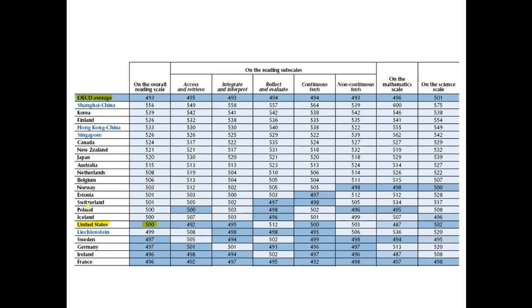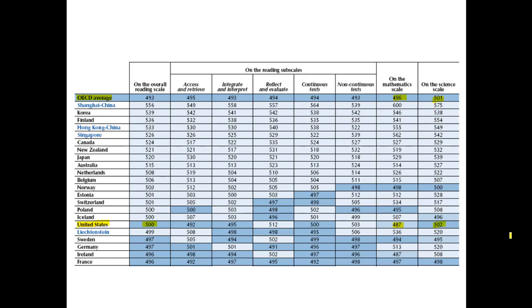And the United States is pretty far down the list, somewhat surprisingly so, considering we are the richest, most prosperous. We are slightly above the average when you look at all the OECD countries, but even more alarming perhaps is that when it comes to math, we are clearly underneath the average, and about right on the average for the science scale.